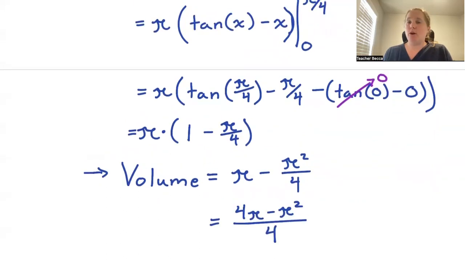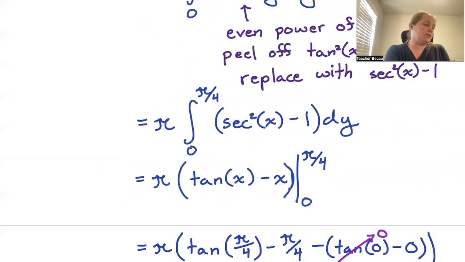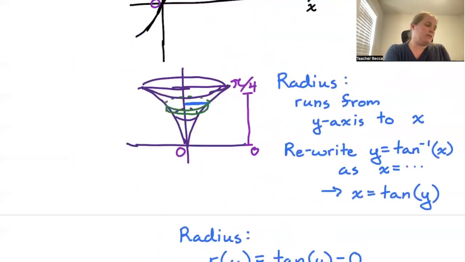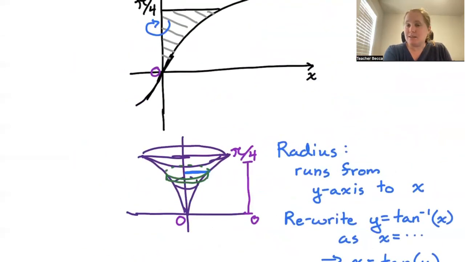So this was finding volume where we were taking horizontal disks because we did rotation about the y-axis. So again, if you rotate about the y-axis, we're looking at horizontal disks. If we rotate about the x-axis, we're looking at vertical disks. So be sure you draw your pictures so that you can see precisely which disks we should be working with.